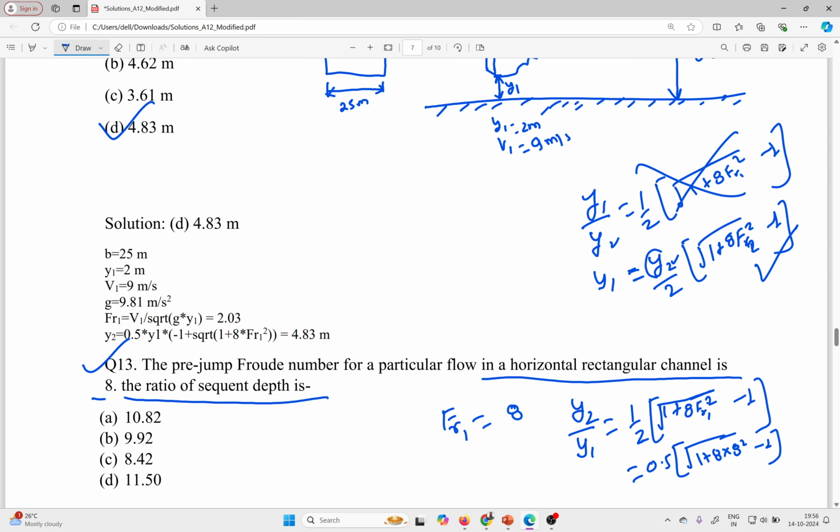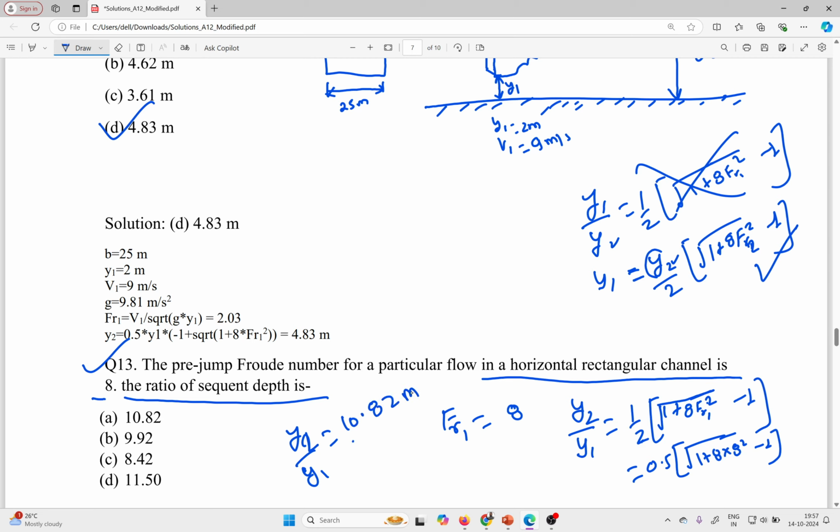I am using the GATE calculator, so please also try to use these things. 0.5 times, so your y2 by y1 is 10.82. Because in the question it is not given, please remember, this is a ratio, no unit.